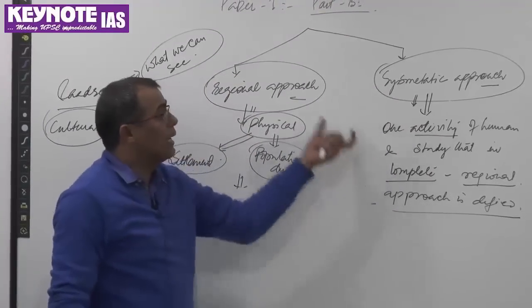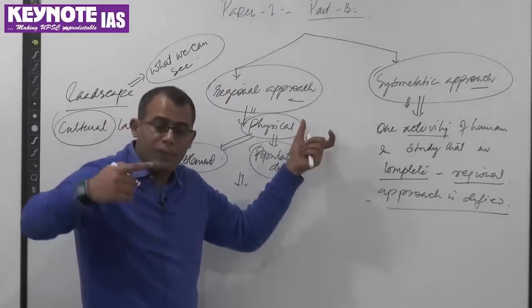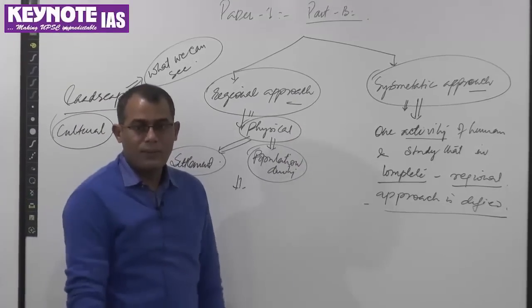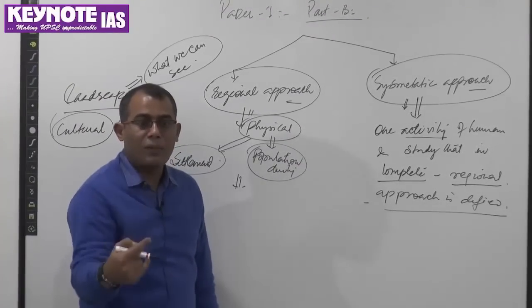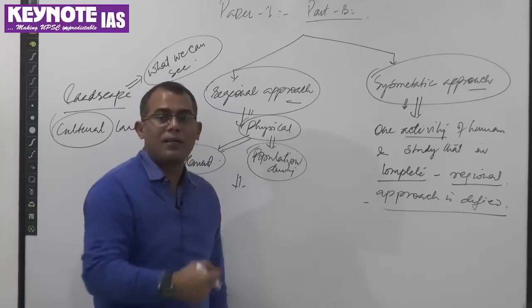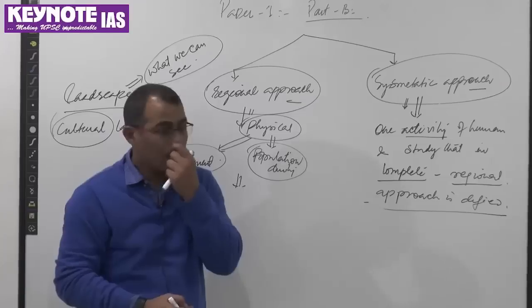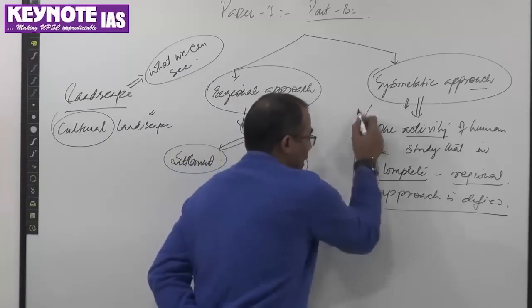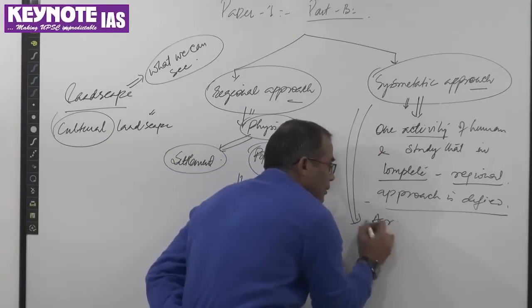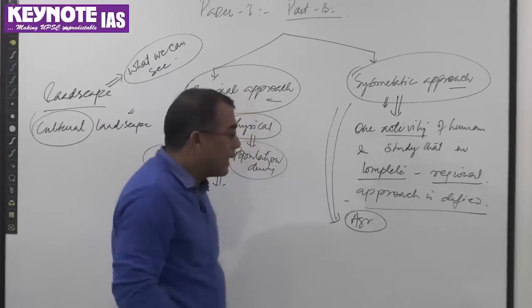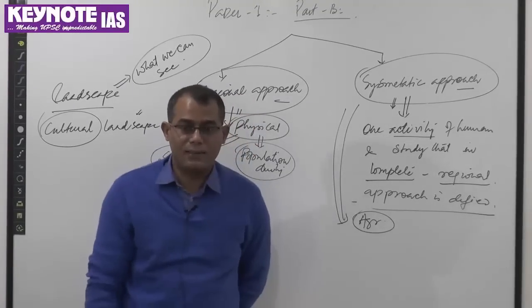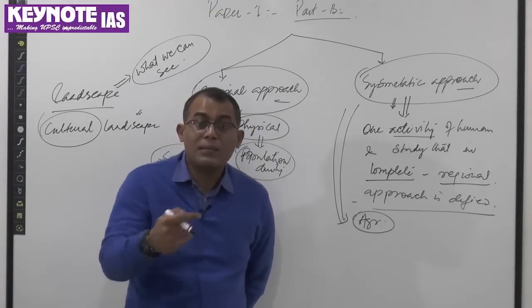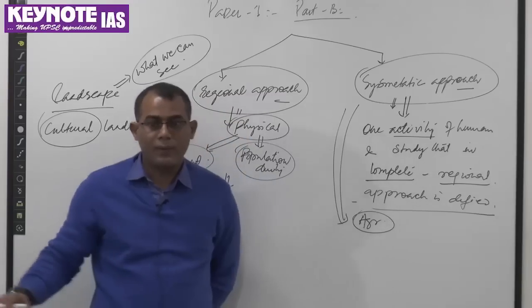Now when we take a single activity of human and then compare across the regions, what has made the distinctive characteristics of one particular activity in different regions, that becomes systematic approach or systematic study. Let's say, suppose agriculture. So agriculture in India and how it is different from agriculture in Canada, that becomes systematic approach, right?